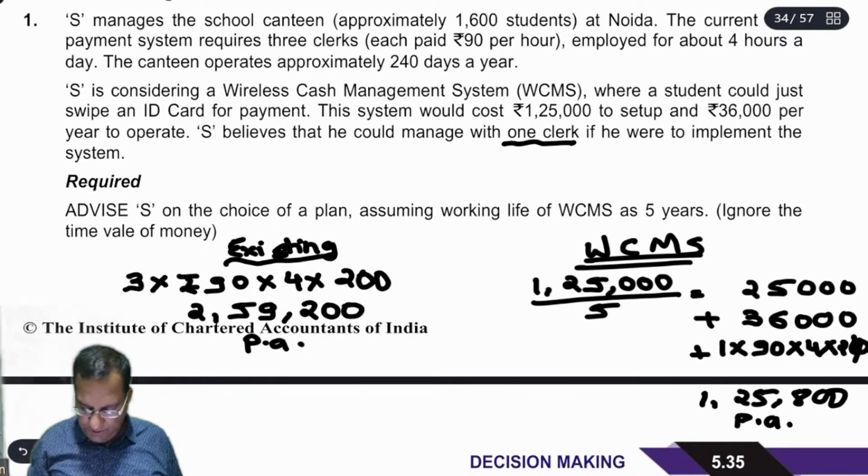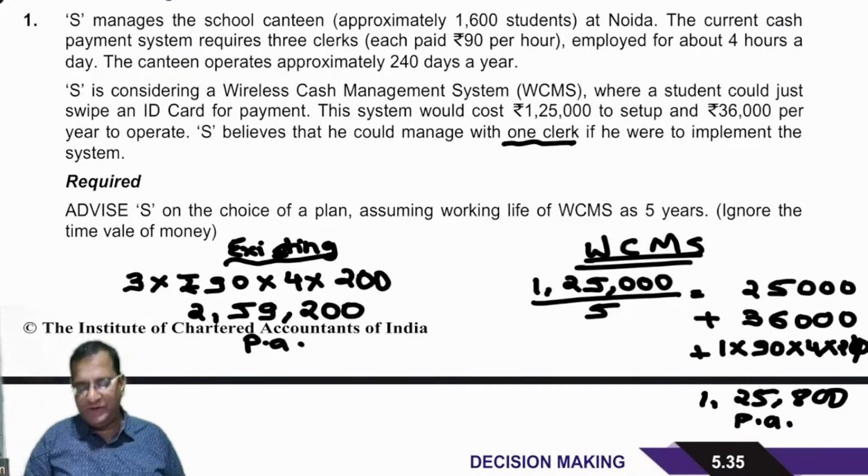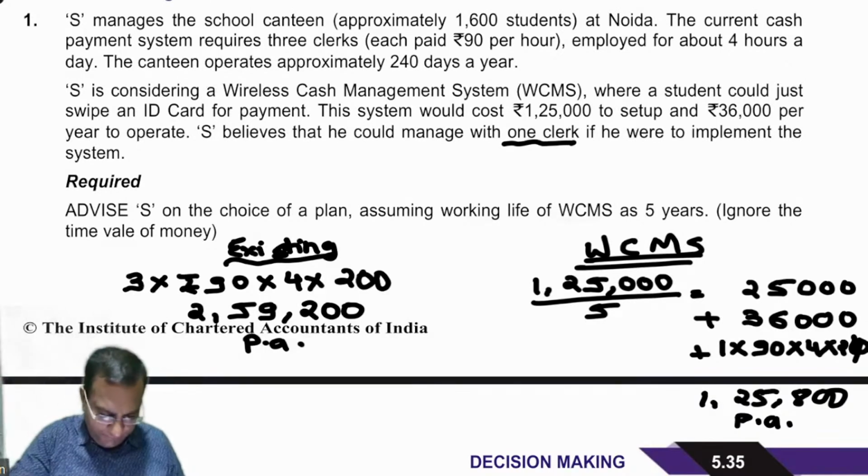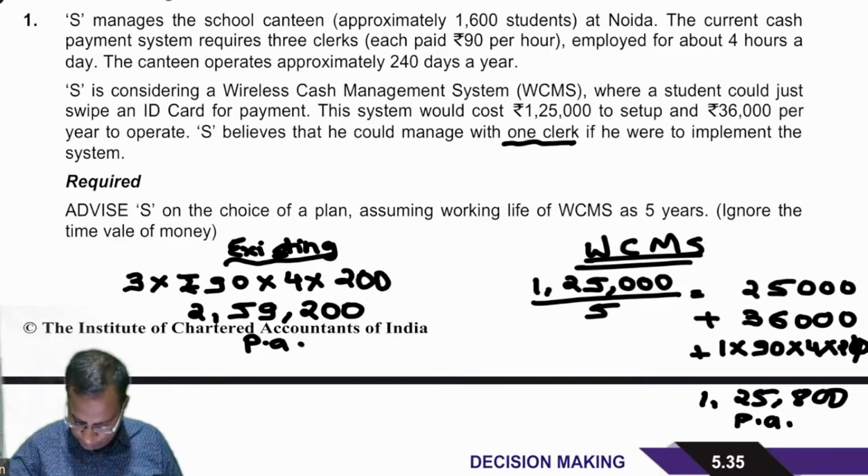So the wireless cash management cost will be 1,25,800, while the existing cost is 2,59,200. Therefore, the benefit would be approximately 1,33,400 rupees on per annum basis. So there is a benefit if we accept the wireless cash management proposal.